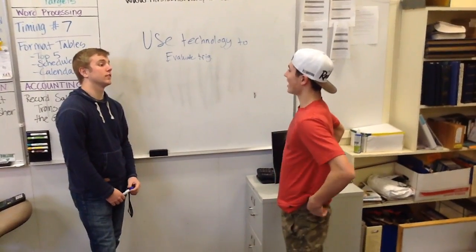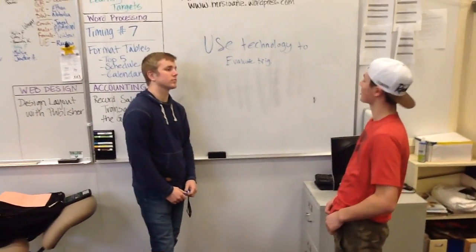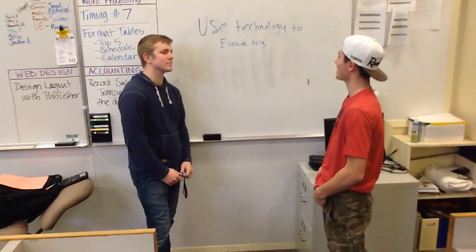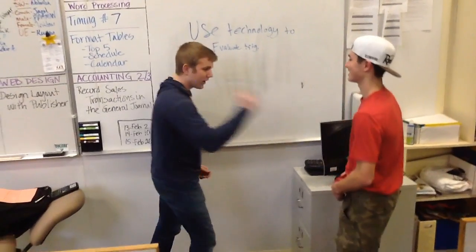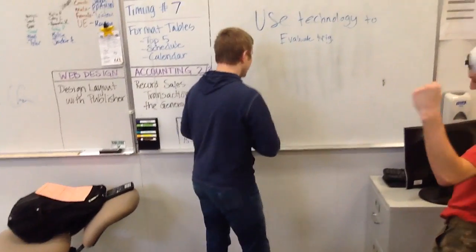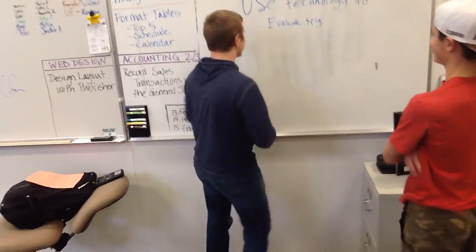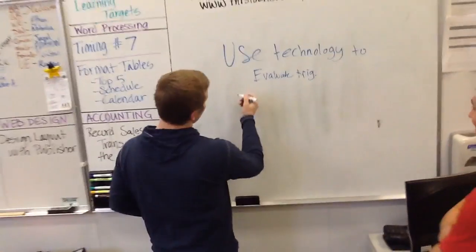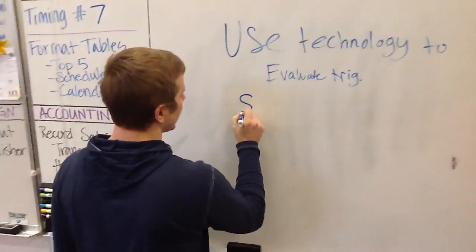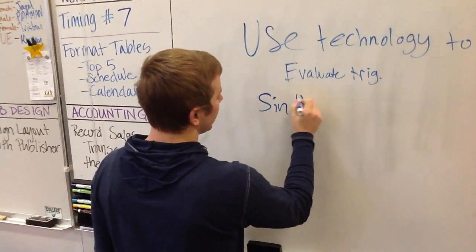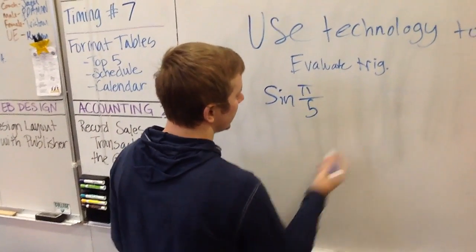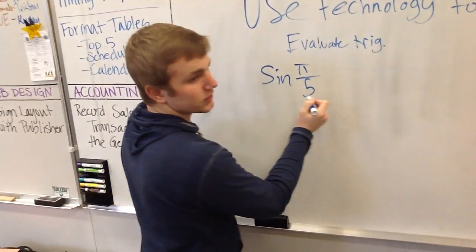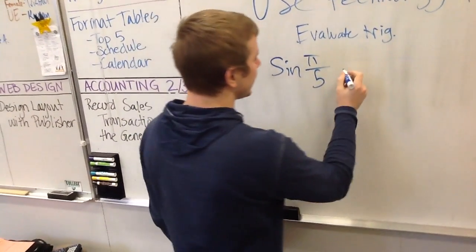Hey Emery, I need help using my graphing calculator to evaluate trigonometry. I can help you with that, Colin. It's pretty simple. Let's say we have a problem that is sine pi over 5. Obviously we're in radians at this point, and we want to get it to degrees.